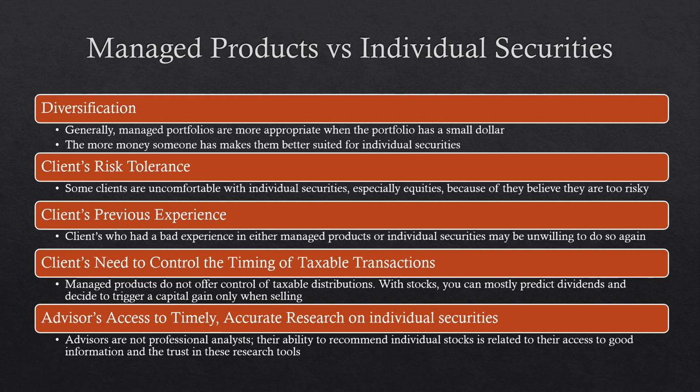Clients' risk tolerance is another thing to keep in mind. Some clients are uncomfortable with individual securities, especially equities, because they believe they are too risky. Equities tend to be more volatile, so they can definitely have much more fluctuation depending on the investment you're looking at.